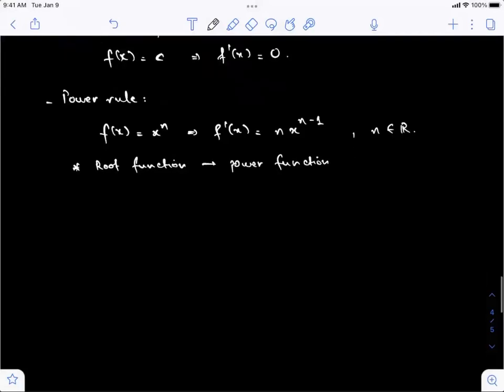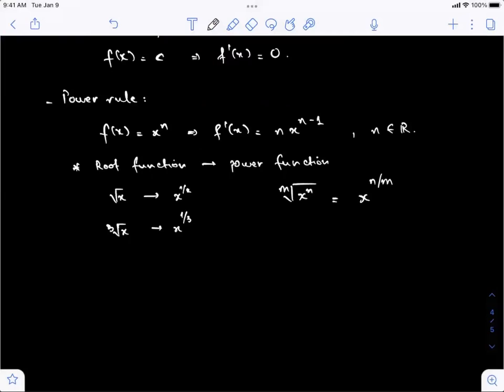A few common root functions that you may see in the course so far: the square root function, you can turn this into x to the power 1/2. The cube root function, you can turn that into x to the power 1/3. More generally, if you have the m-th root of x to the power n, you can turn this into x to the power n divided by m.